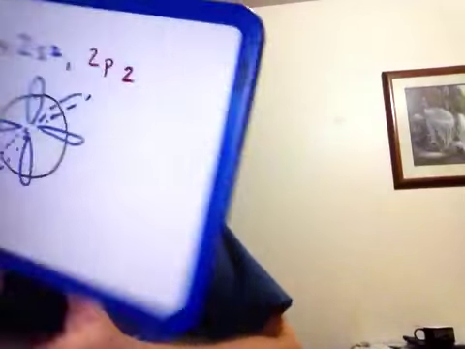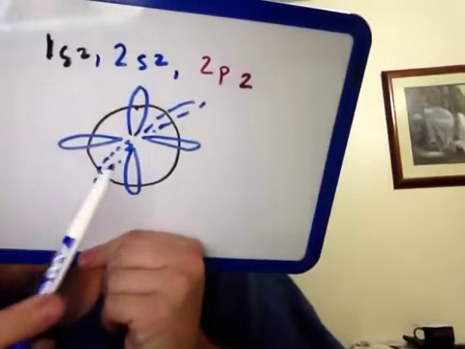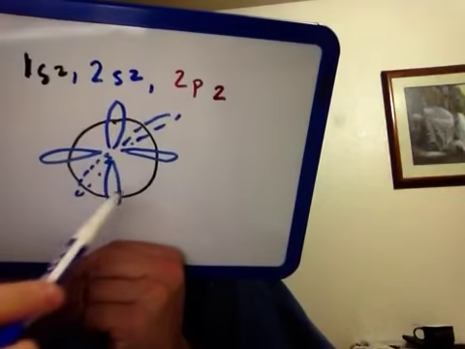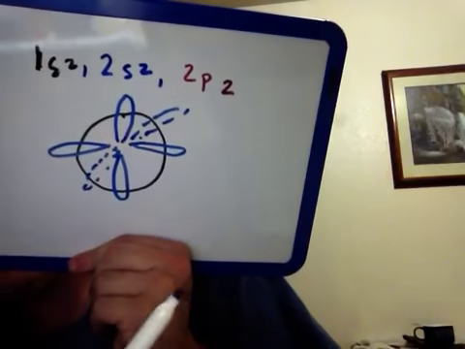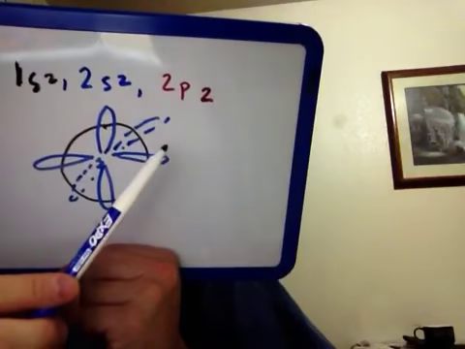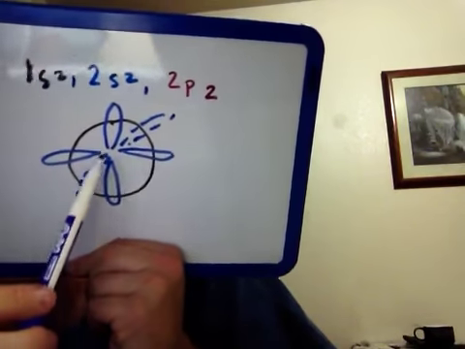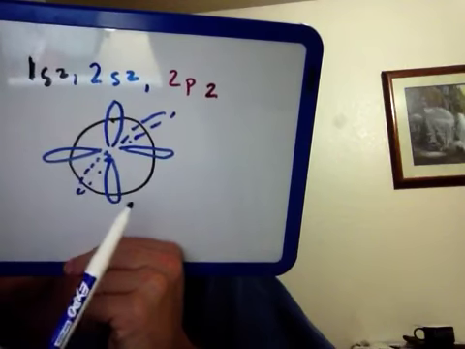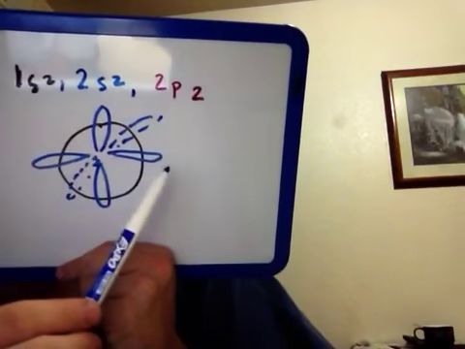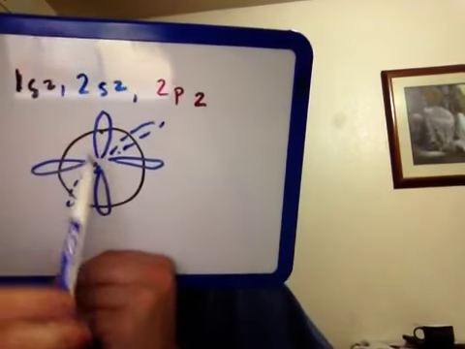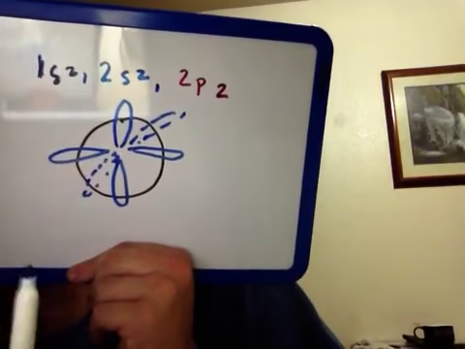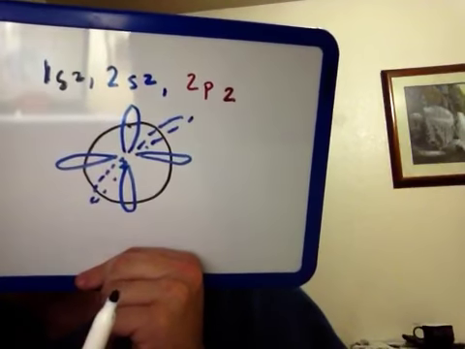So if you can imagine, this would be carbon here. This is a 2s orbital, the black sphere, and then I have my pz orbital along the z-axis, my px orbital along the x-axis, and my py orbital along the y-axis. So what do we get here?